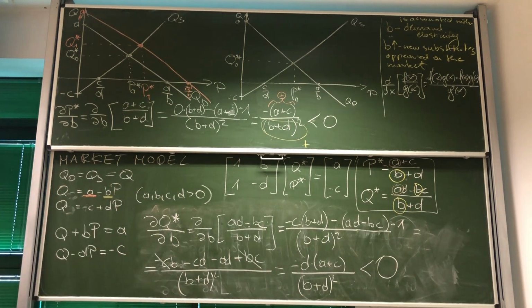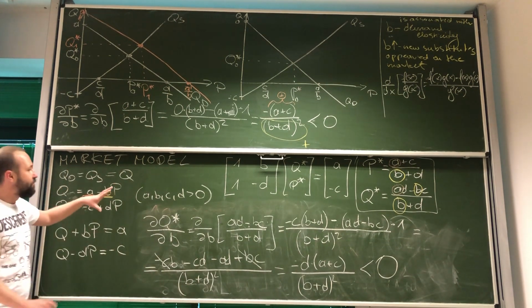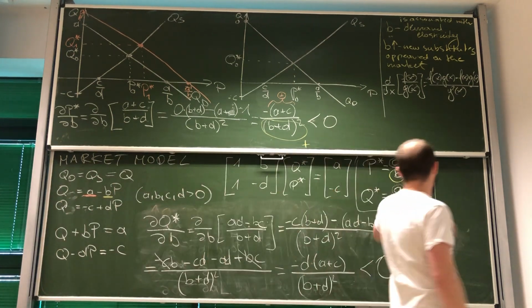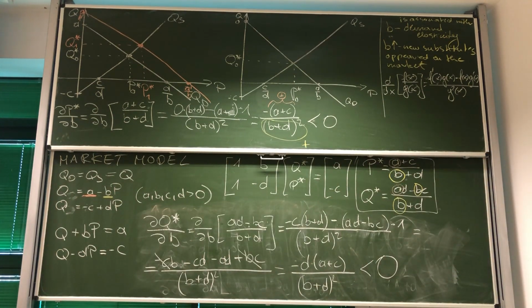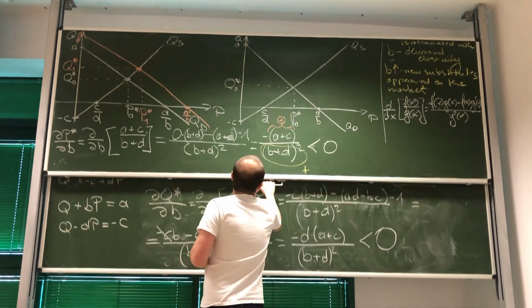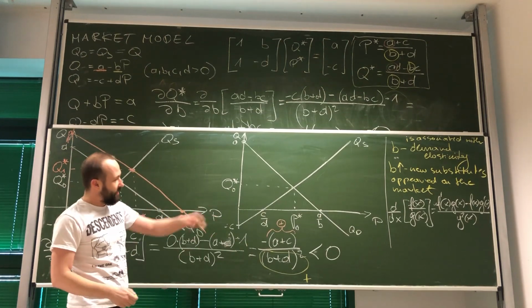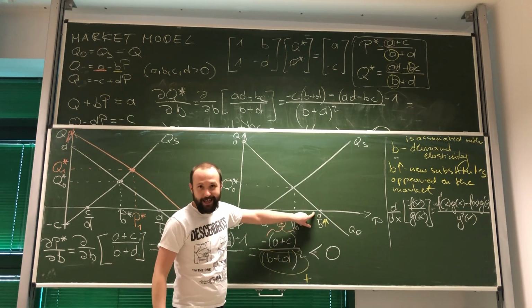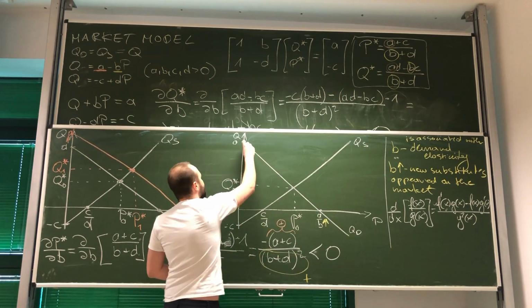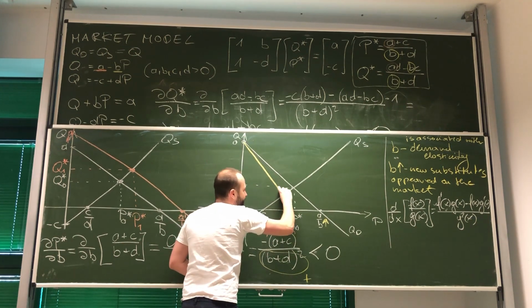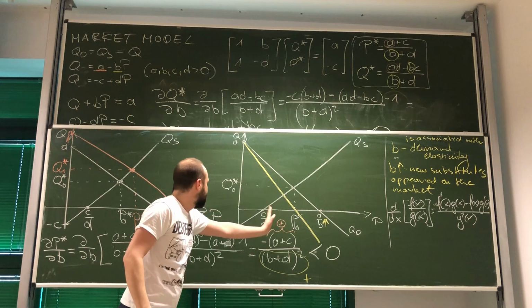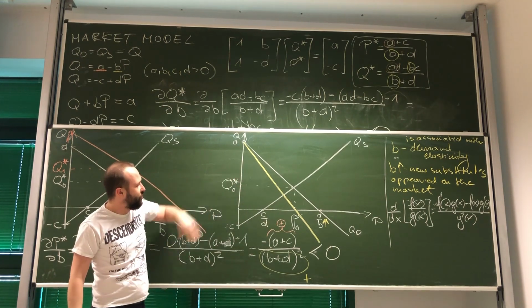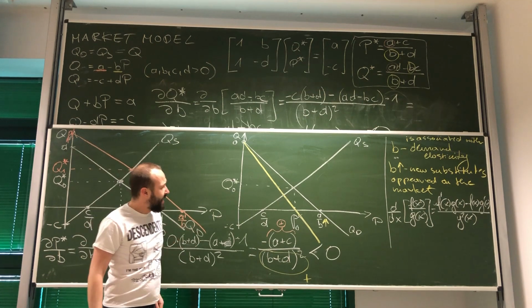Well, we get the information that the more elastic the demand function becomes, the lower the equilibrium price and the lower the equilibrium quantity. Now, how can I see it over here? If B is going up, we are dividing A by a bigger number, which means that the demand function is now flatter from the perspective of the Q-axis.